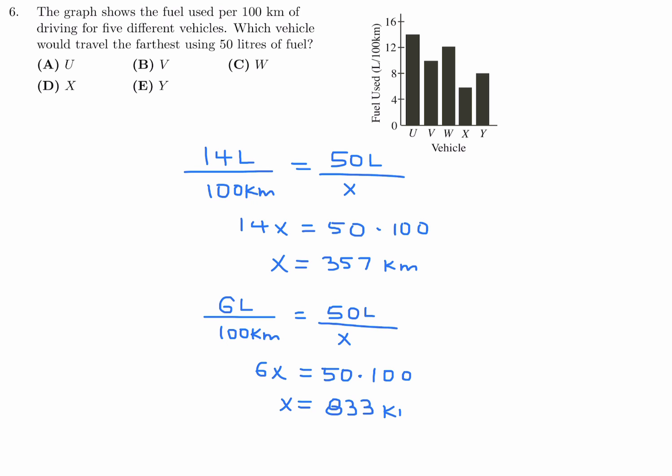So that's significantly longer. Basically what that means is that the lower this number is, the farther that vehicle will travel on 50 liters. I just wanted to illustrate that. So of all the vehicles, the one with the lowest fuel used per 100 kilometers is X. So number 6, the answer is D.